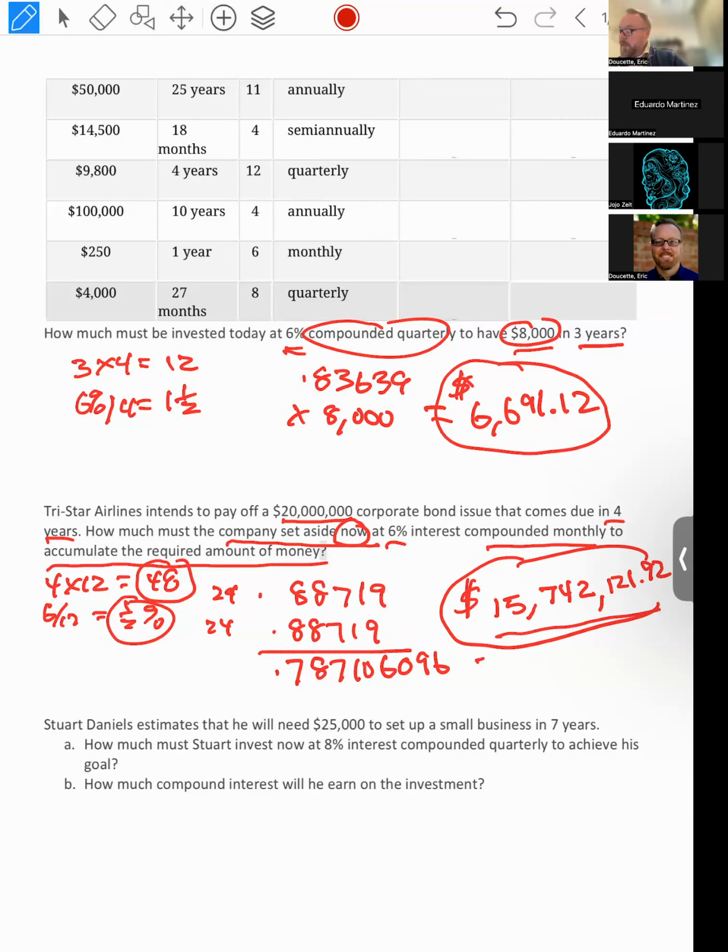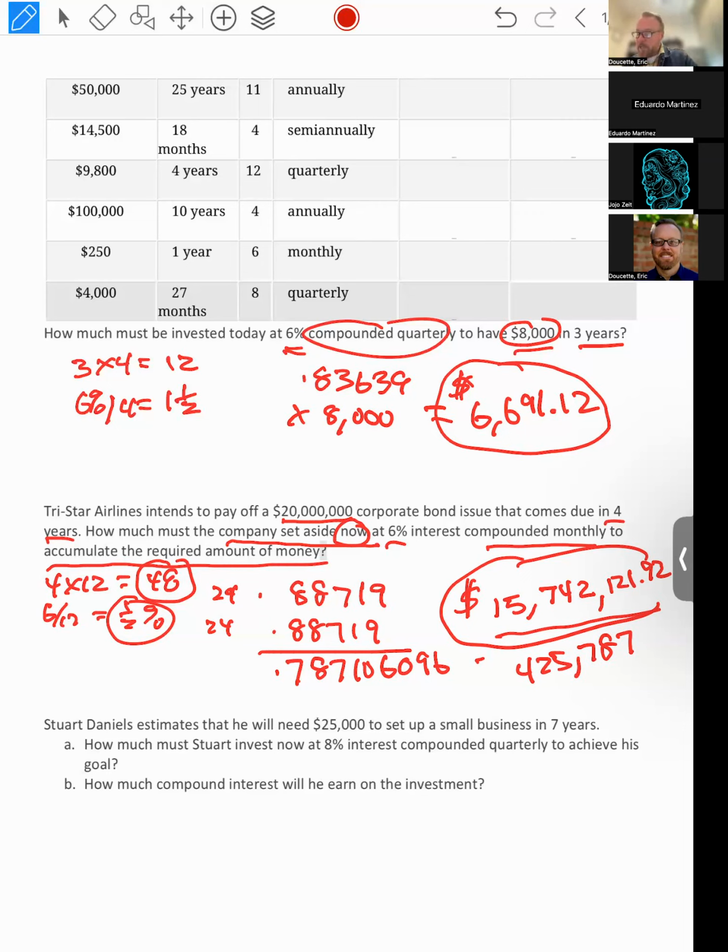Well, if I just subtract that from 20 million, it is a $425,787 difference. Is that right? Yeah, $425,787 roughly. That's how much interest I would have earned over those 4 years. Pretty incredible, huh?